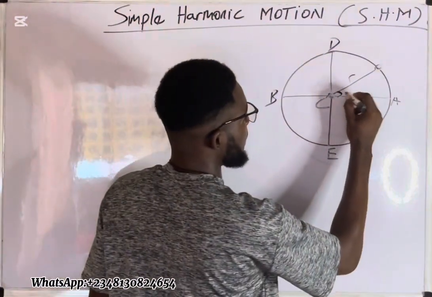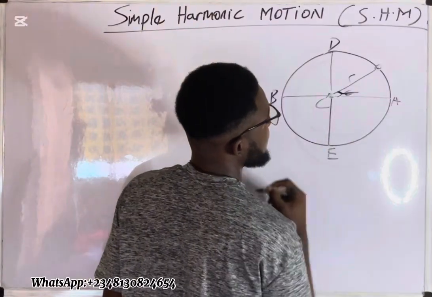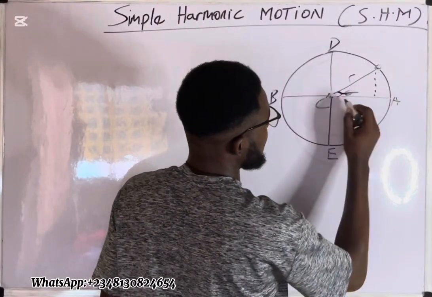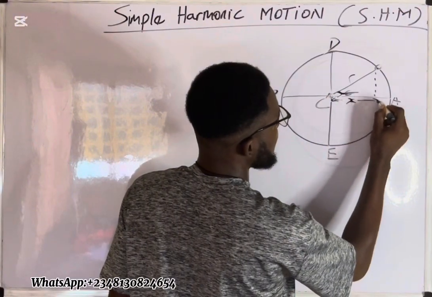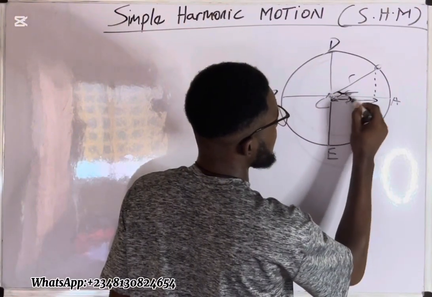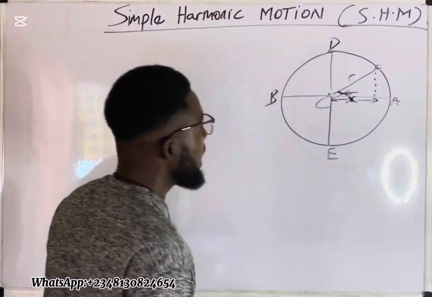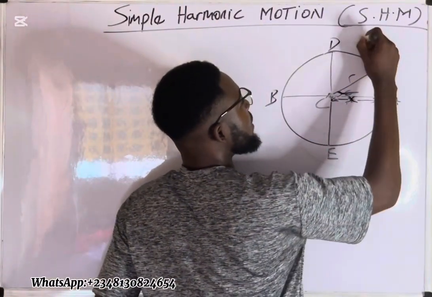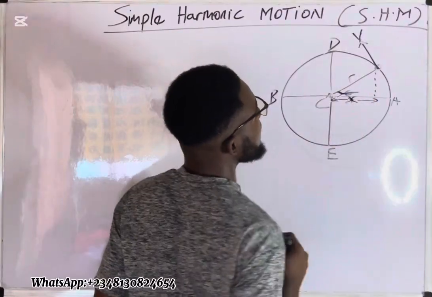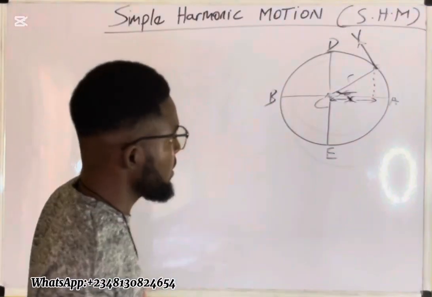So there's an angle here, call it angle theta. Let's put this displacement. The displacement from the center to the point right here is X. Now this body that is moving has what? A speed, linear speed or velocity.